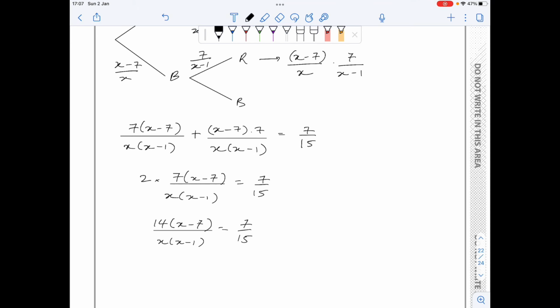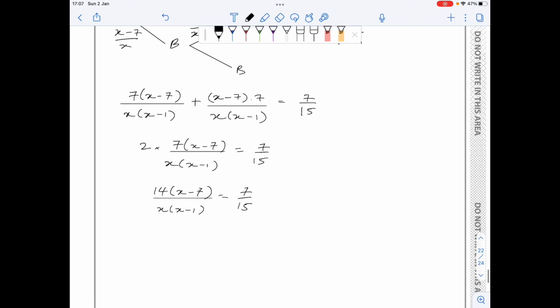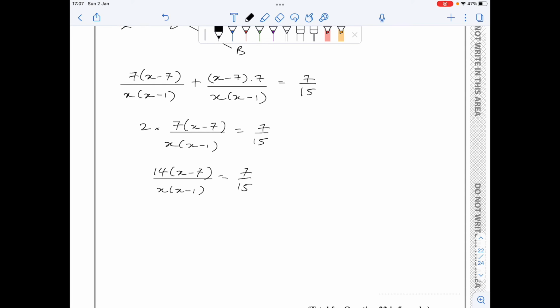Now I can cross multiply. I will get 210 times x minus 7 equals 7x times x minus 1. Let's expand. 210x minus 1470 equals 7x squared minus 7x.